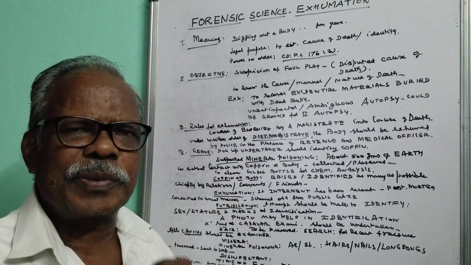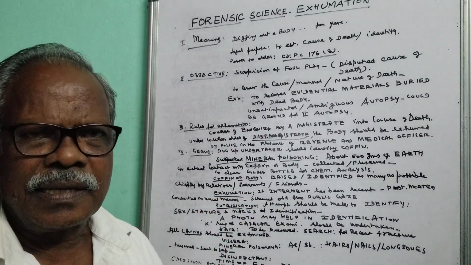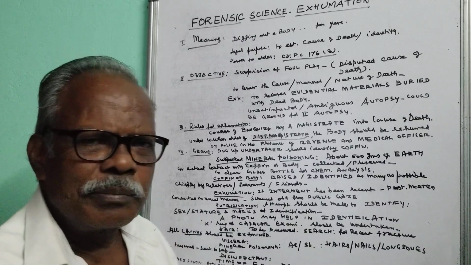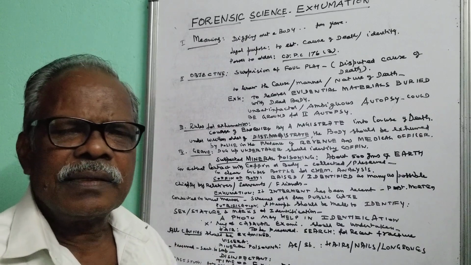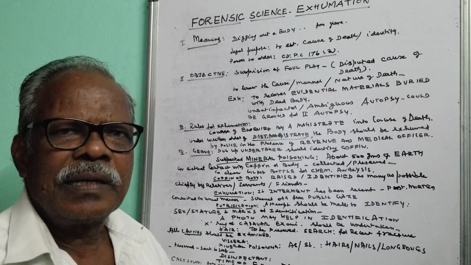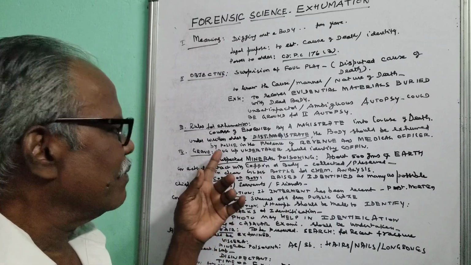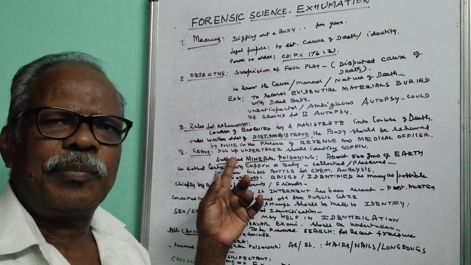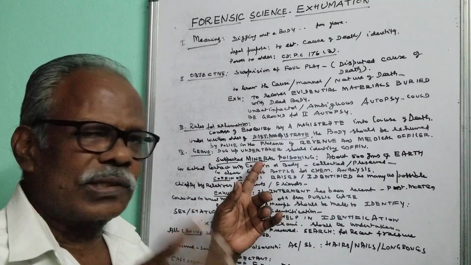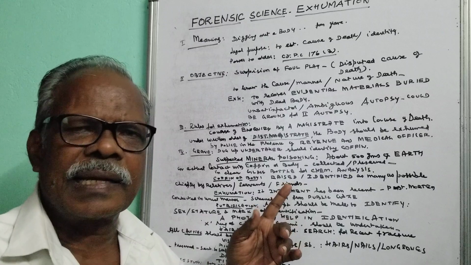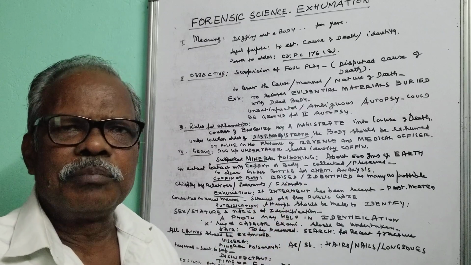How is the actual exhumation undertaken? The graveyard is dug and the body is lifted. By what means? It should be dug up by the undertaker, that is, the one who dug the grave or who lowered the coffin into the graveyard.